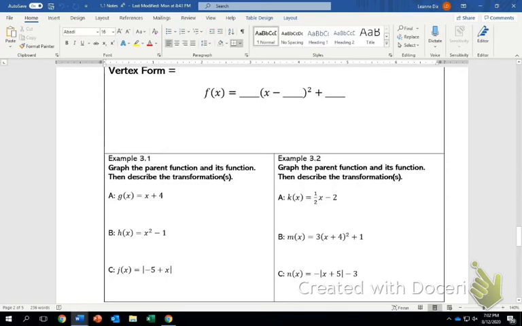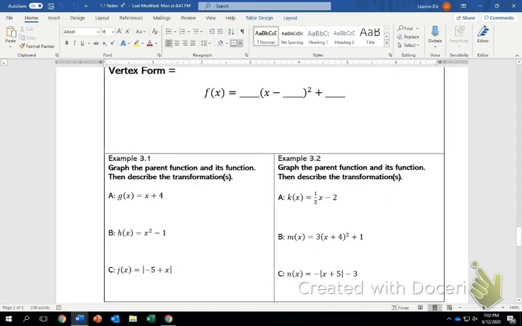It is called the vertex form, or it could be just the standard form, but particularly we're looking at the vertex form for a quadratic function in particular. The blank in front is whatever number is being multiplied in the very front. Sometimes it's just 1, and if it's just 1, you can ignore it.